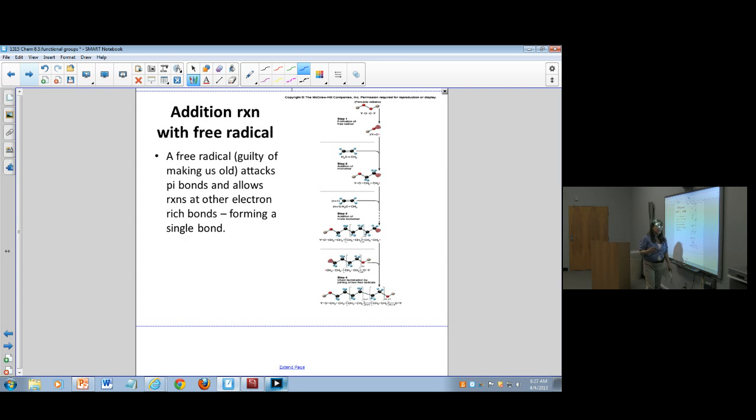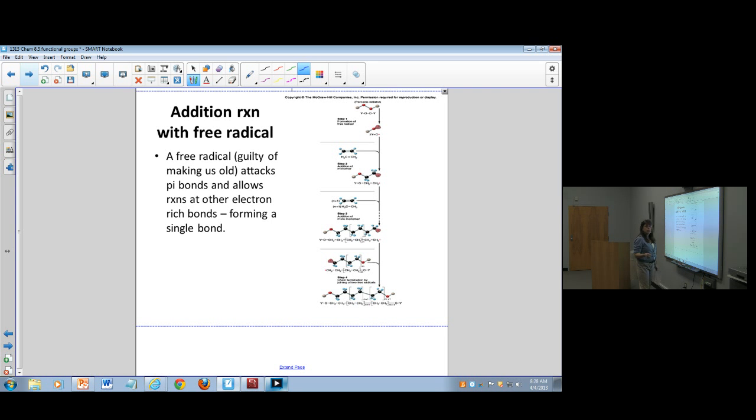Now, I put this in here not because I want you to know it. I do think radicals are interesting because radicals, remember, are those structures we drew in our Lewis structure work where we had just one electron, some odd number of electrons on an atom. And that's called a radical. They're very, very reactive, and they will do whatever it takes to get themselves back into a state of octetness.